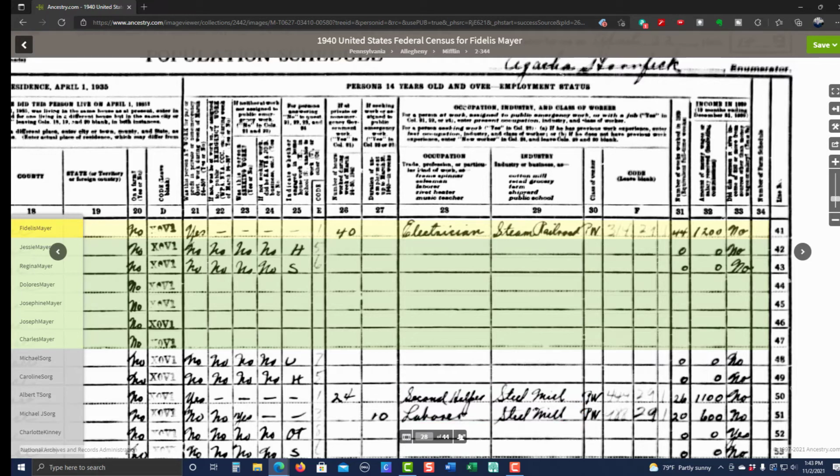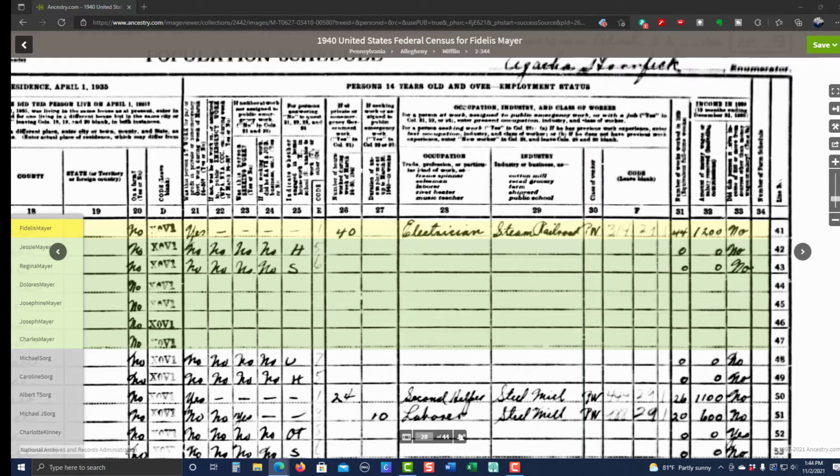So in column 30, it asks for class of worker. Now, it doesn't say up top what they're supposed to put in there, because I certainly wouldn't know. But looking on the bottom, it gives instructions for class of worker. I guess the most common one is wage or salary worker in private work, which is PW, which you can see is for Fidelis and for Michael Sorg's two sons.